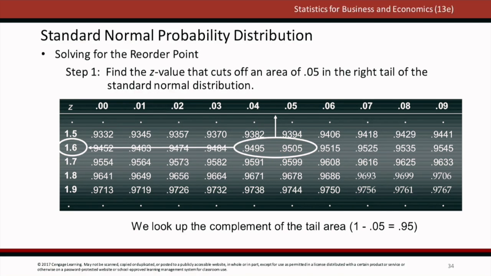So we need to look at the z-scores 1.64 and 1.65 and take the midpoint between those two. Then the value that we are looking for is going to be 1.645, which is the value that will correspond to the area 0.95.